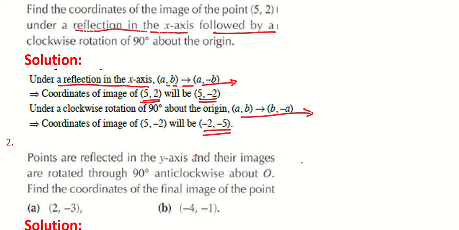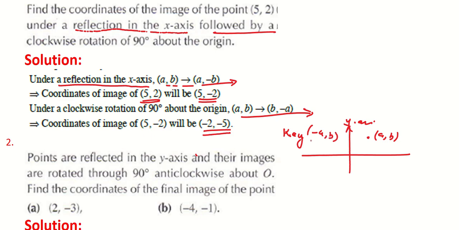Now question number 2, in which the points are reflected in the y-axis. First we have a key point. For points reflected in the y-axis, we just change (a, b) into (-a, b).